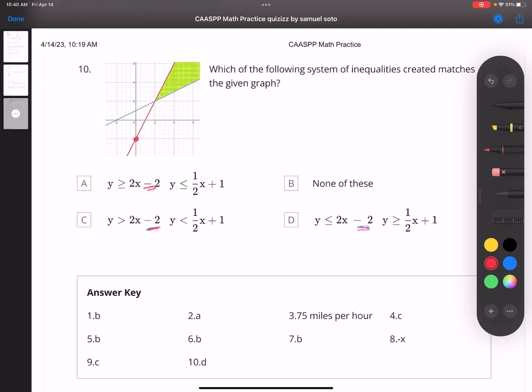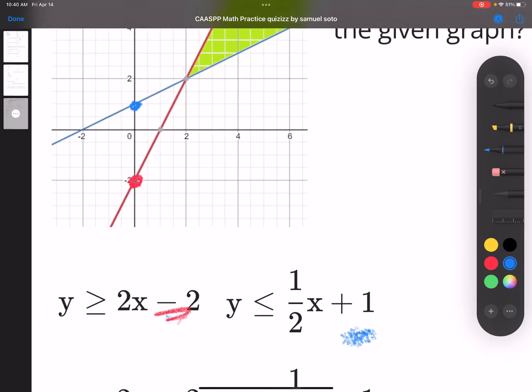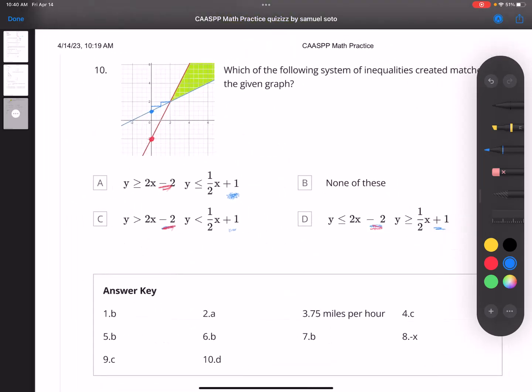Right there. And a y-intercept that is +1. Okay, on the blue graph, it has a slope of 1/2. So going up 1, right 2, up 1, right 2. So they all have the correct slope of 1/2, positive.